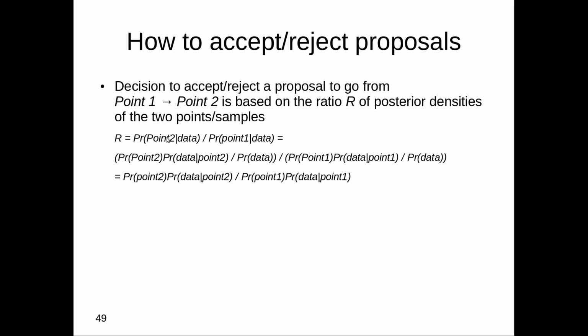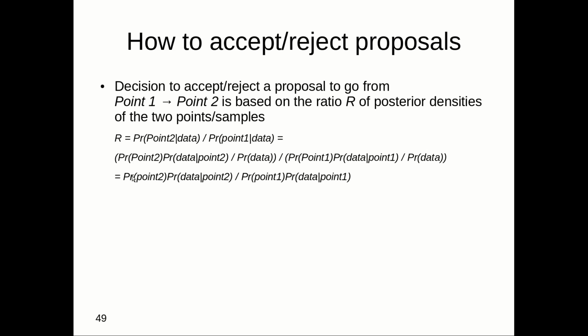Right, and so if we write this ratio down, this is the posterior probability of being at point 2 given the data. This is the posterior probability of being at point 1 given the data. And then we just expand this, so the prior and the likelihood divided by the marginal, and then of course over the prior of point 1 and the likelihood of point 1 divided by the marginal of the data.